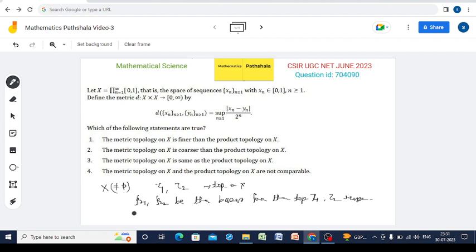Now the theorem is about the comparison of tau 1 and tau 2 with the help of their bases.